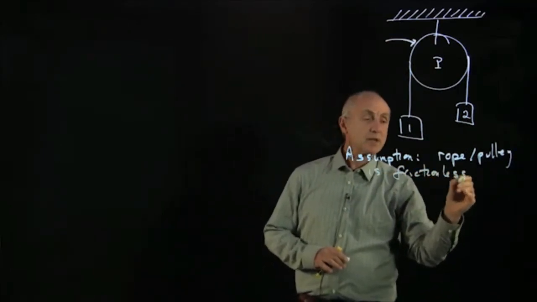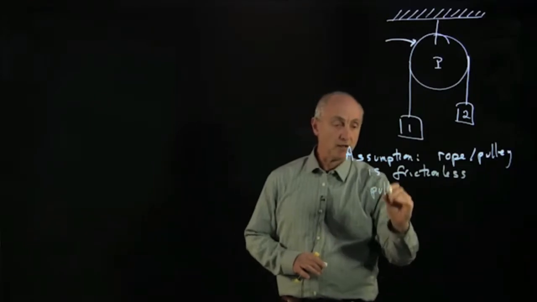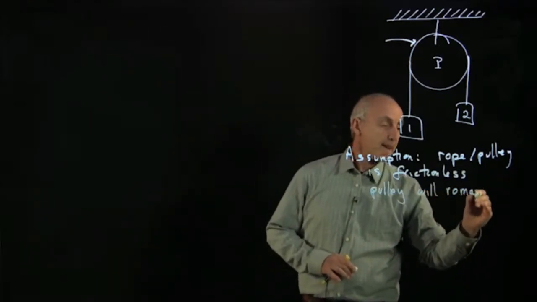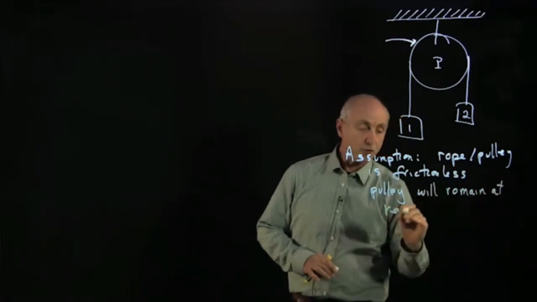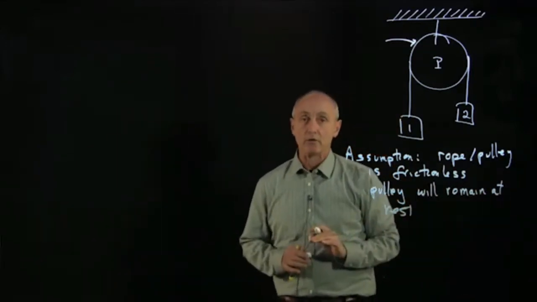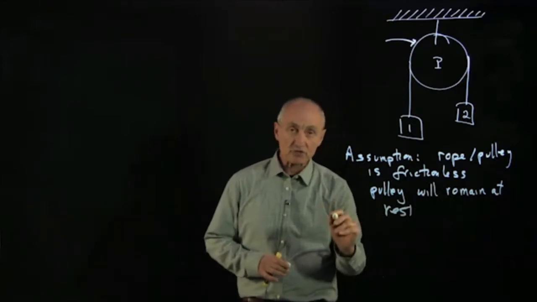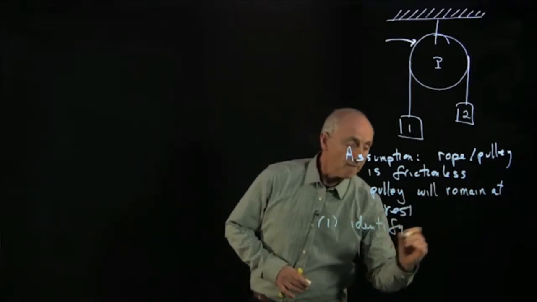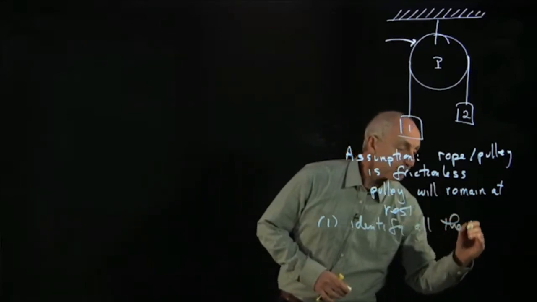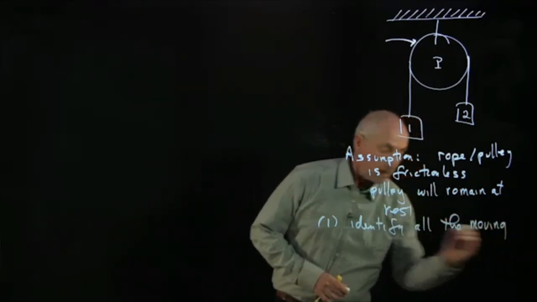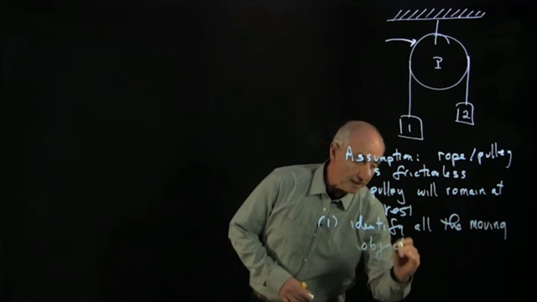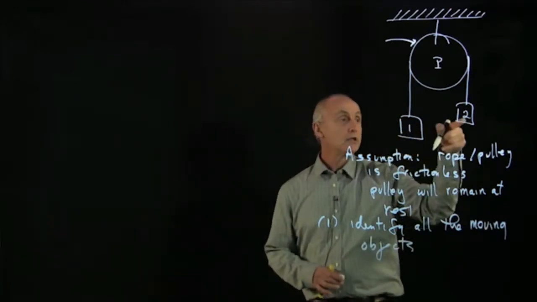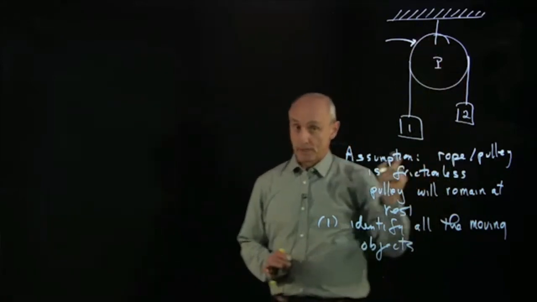What that assumption means is that the pulley will remain at rest. Therefore, when we break this problem down, our first question is to identify all the moving objects, and we really have three: masses 1 and 2, and the rope.